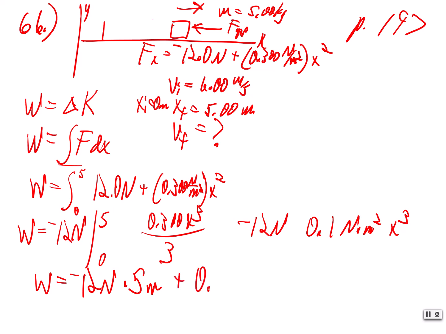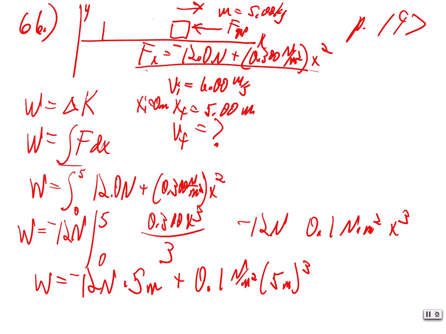plus 0.1, because you say, where are you getting that? Right here, y'all. I've got to multiply times my distance right here, okay? Look at the function there. If you make that work, you've got to multiply it times your distance. There's your distance. Times 0.1 newtons per meter squared times 5 meters cubed.